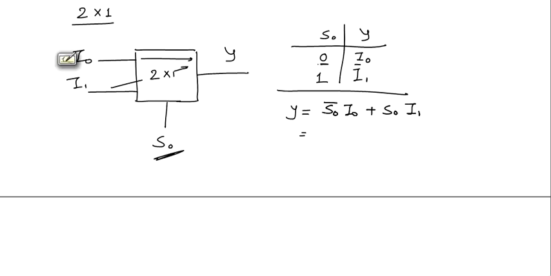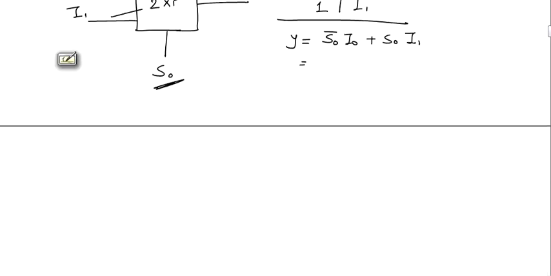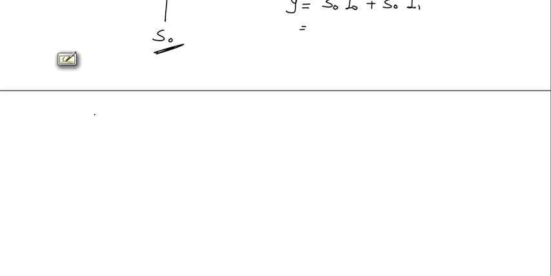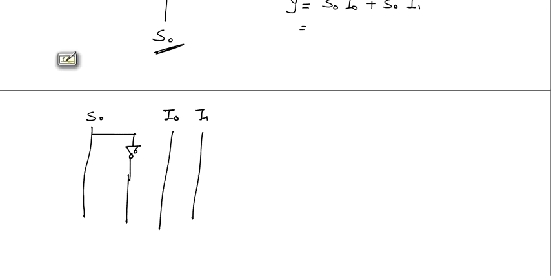Now we'll see implementation of this 2 is to 1 multiplexer. This is the expression for output. S0 will be the select line and will have its complement also. There will be two inputs I0 and I1.